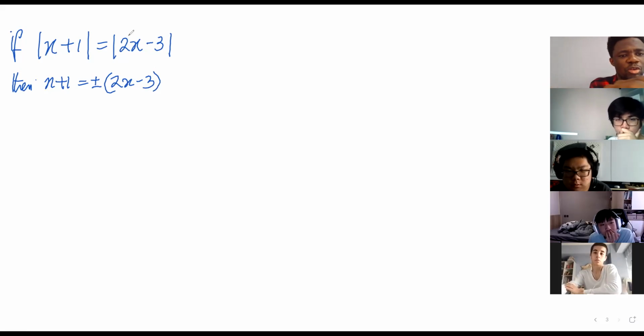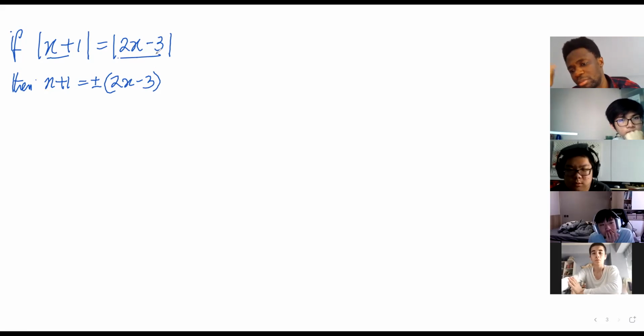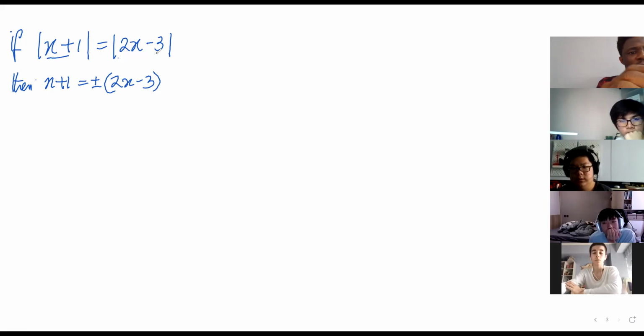So if you have absolute value on both sides, then the numbers inside are the same, but they are just plus or minus each other. Understand? So this is the first method.